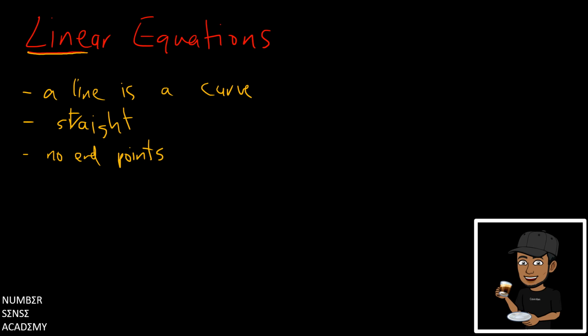When I put arrows at the end, that means it goes forever in this direction, and also to infinity in that direction. So it has no endpoints. If you have a line that has endpoints, that means it's terminating. I normally put these caps or stumps to show that it is terminating.